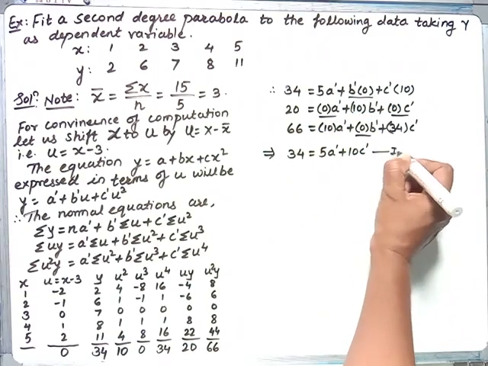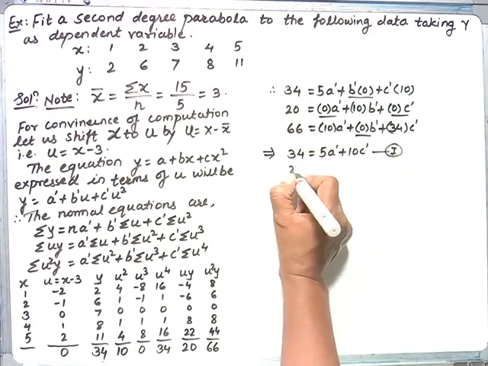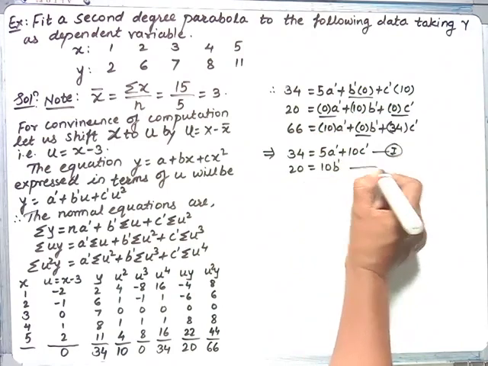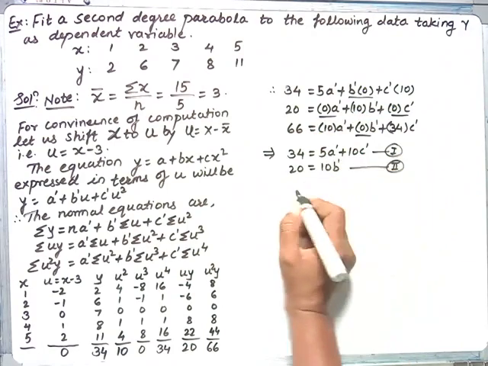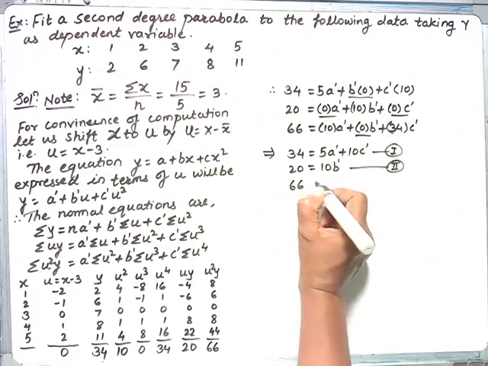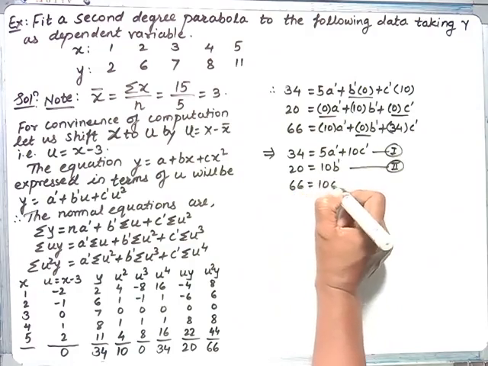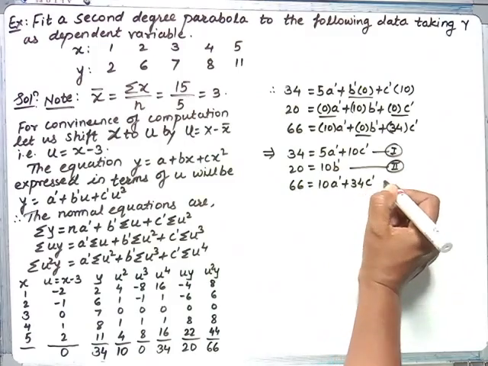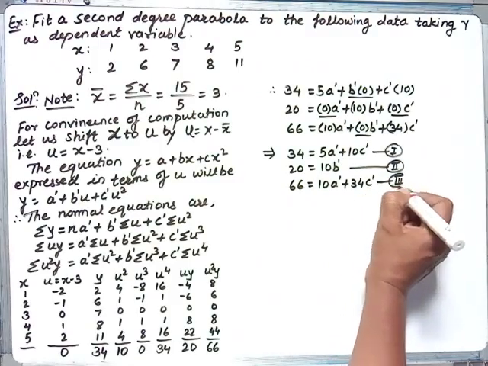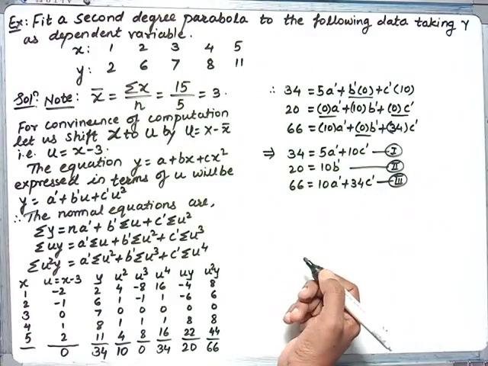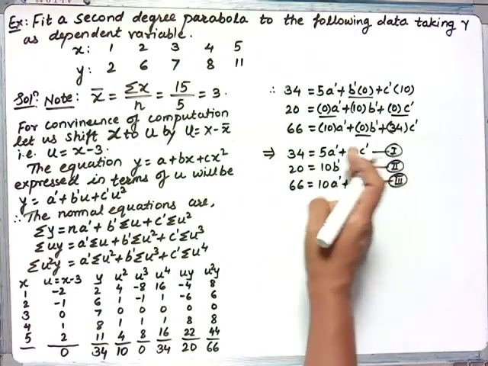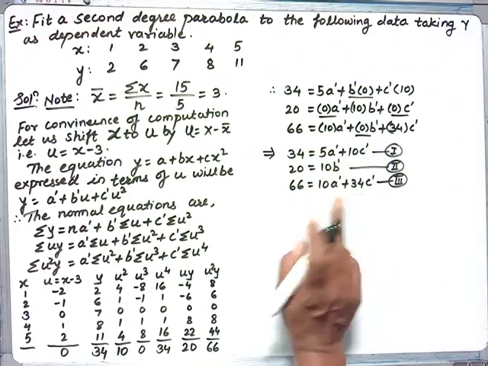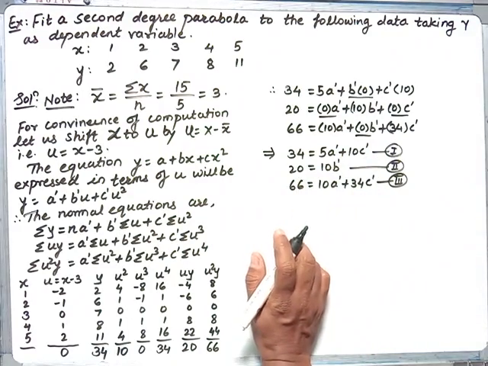Call it equation number 1. Then 20 equal to simply 10 b dash, equation number 2. 66 equal to 10 a dash plus 34 c dash, equation number 3. Now solving these equations, we will get the values of a dash, b dash and c dash.